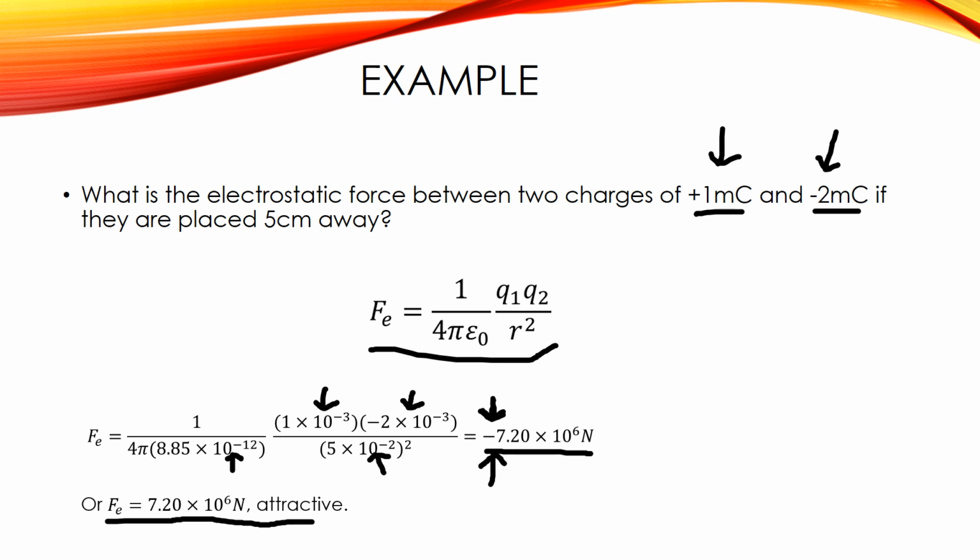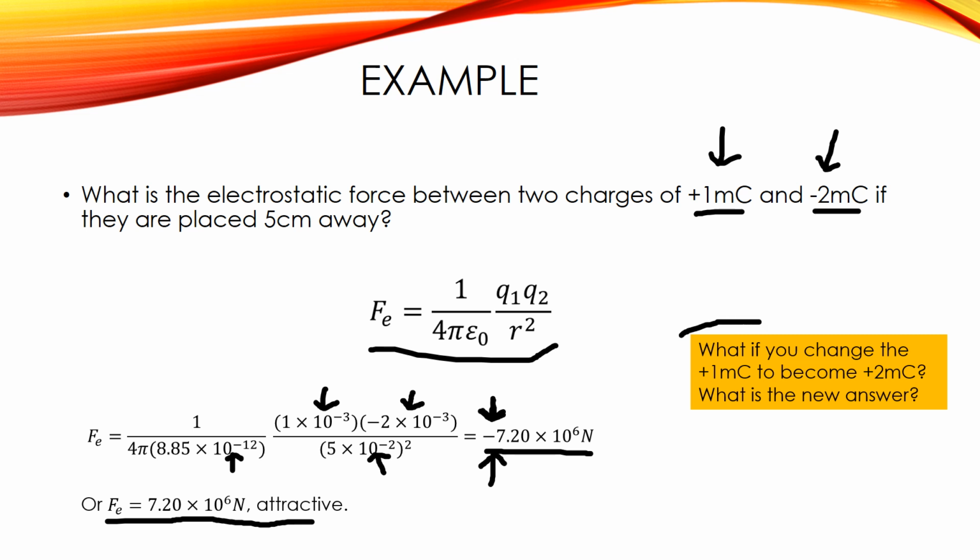And if I want to ask you another question here, something similar, what if you double the charge of the 1 millicoulomb to become 2 millicoulomb? What if you change from positive 1 to positive 2? What is the new answer? Coulomb's law, directly proportional to the charge here.